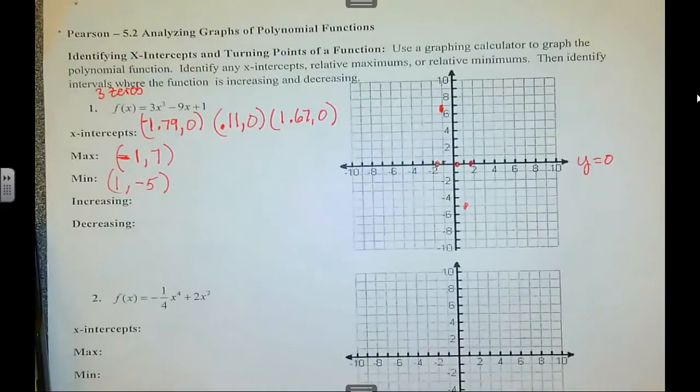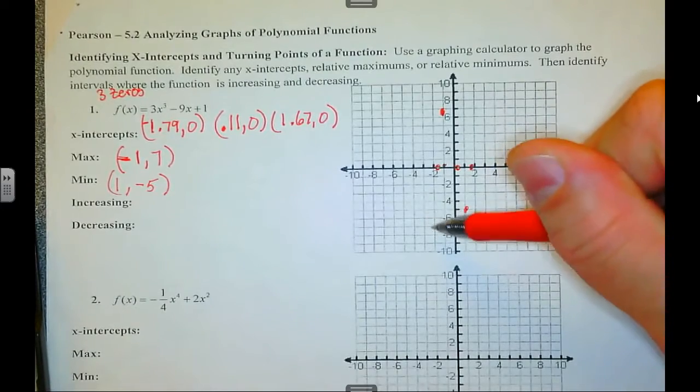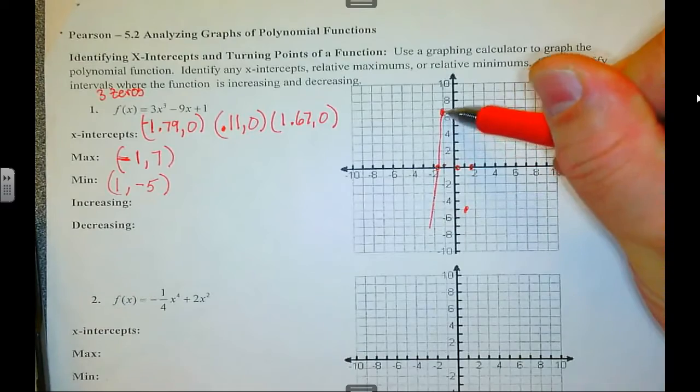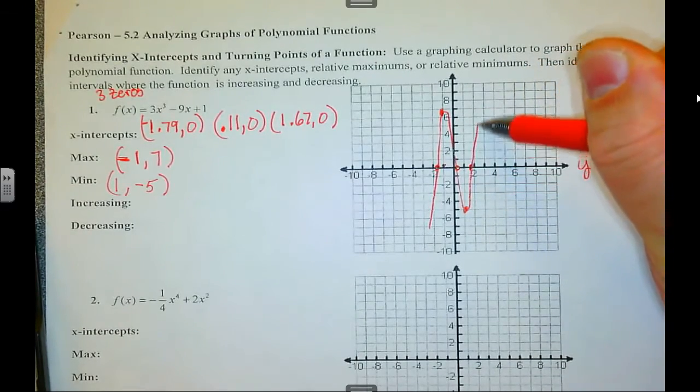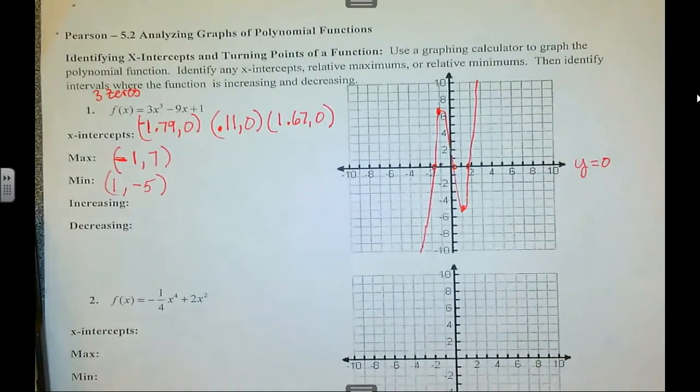I should be able to draw my graph now. Let's see, comes down, goes like this, turns, turns, and goes up like that. I'm going to leave the arrowheads off for now because it's going to confuse me when I do increasing and decreasing.